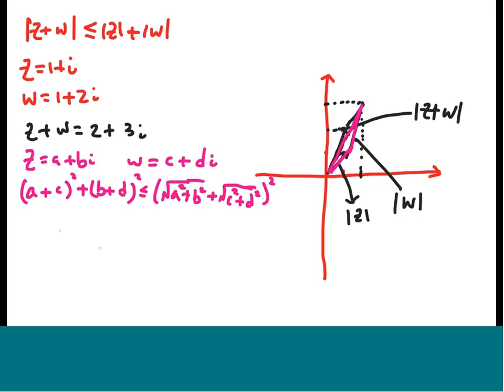Right? So if you square it and expand, it's going to be A squared plus 2AC plus C squared plus B squared plus 2BD.